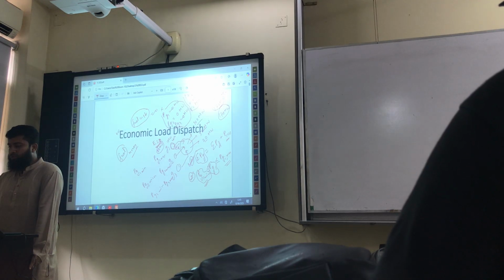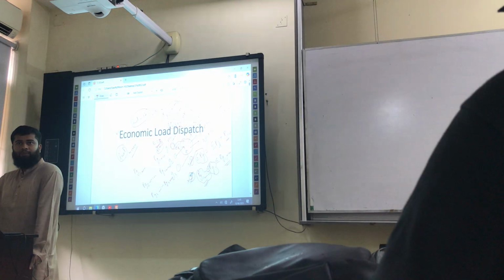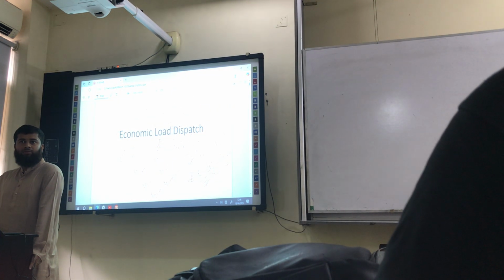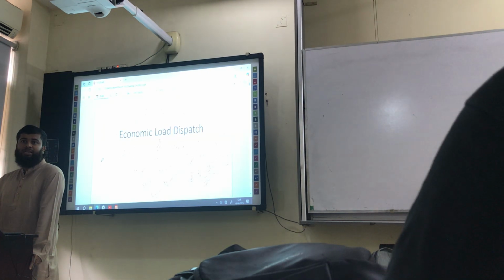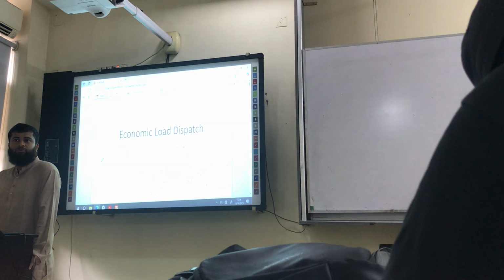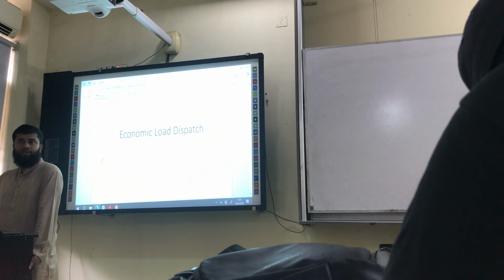Obviously not. So if you incorporate this inequality type constraint in your problem, then this solution set will also vanish. That's why, to get the optimized and the practical or feasible solution, you need to incorporate all of the constraints related to the problem.